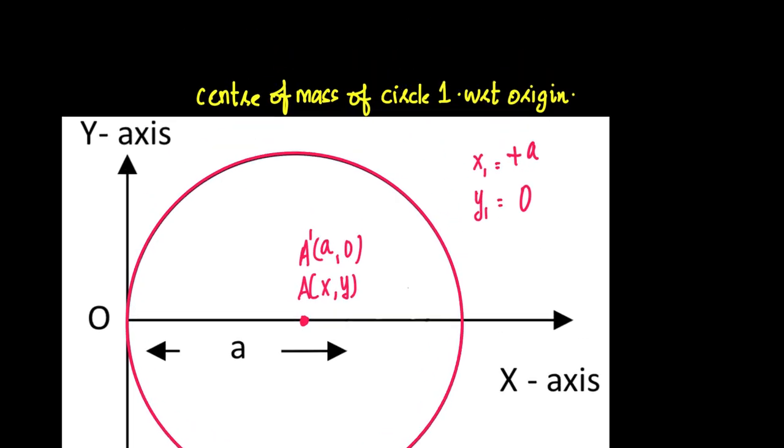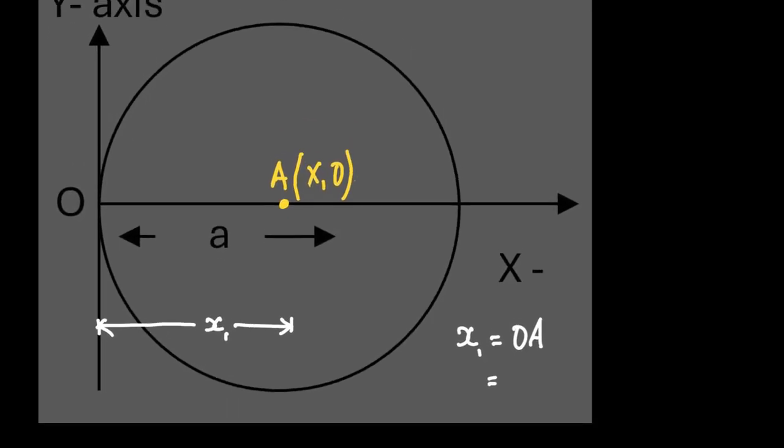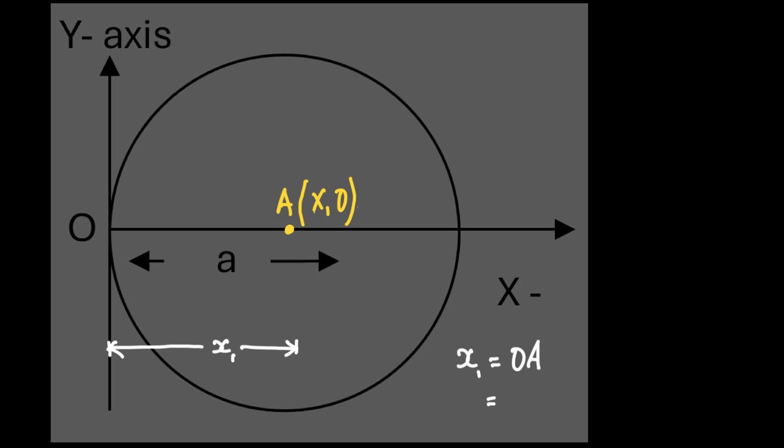Let me just make sure that the visualization is clear. So, if you consider the point A(x, 0), this was in reference to the center of mass of the circle. Now we need to consider the center of mass of this circle with respect to the origin. In which case, what we get here is x1.